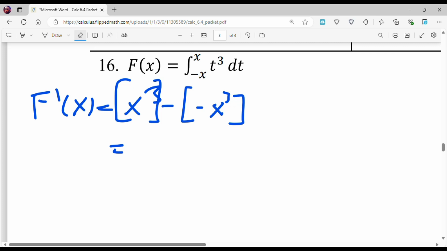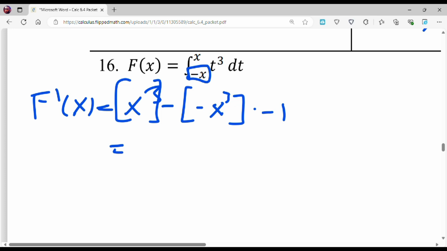This keeps getting sloppier and sloppier. Okay, times -1. Why is it times -1? We have to do chain rule, right? Derivative of negative x is -1. So x cubed, minus becomes positive times negative, so that stays negative. We get 0.